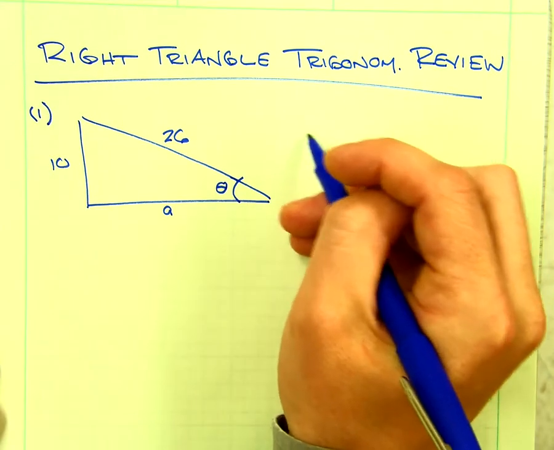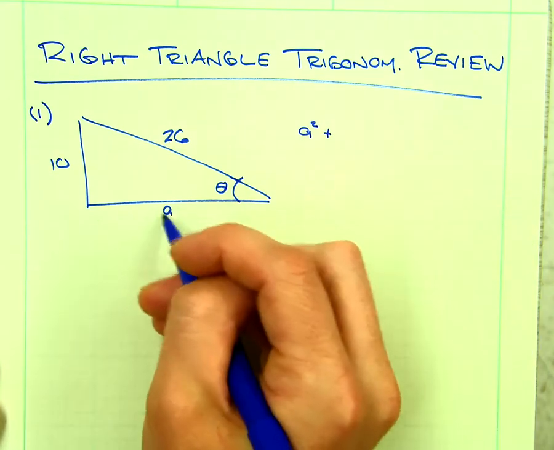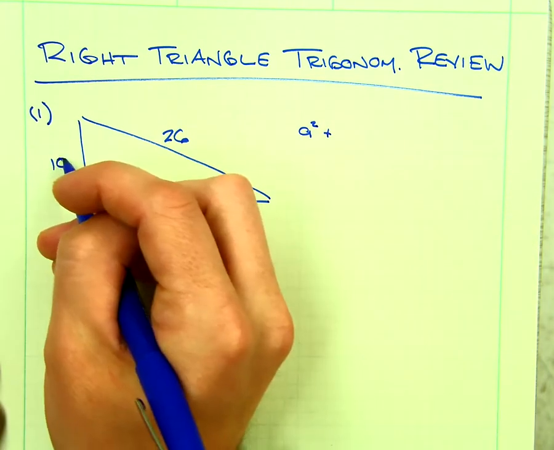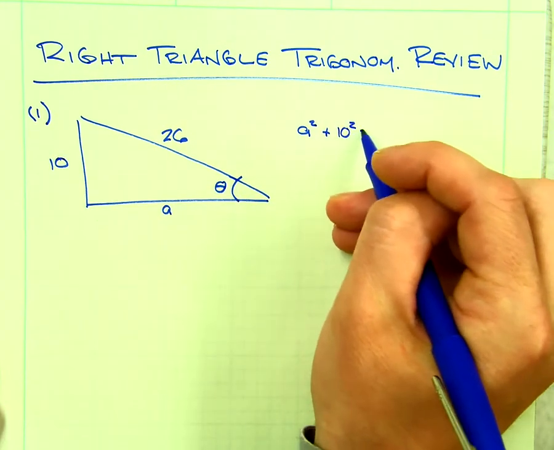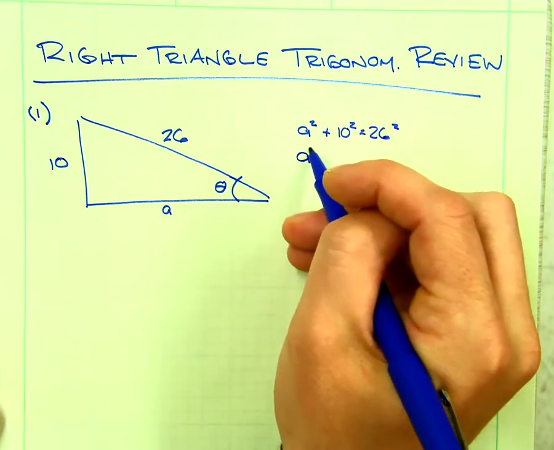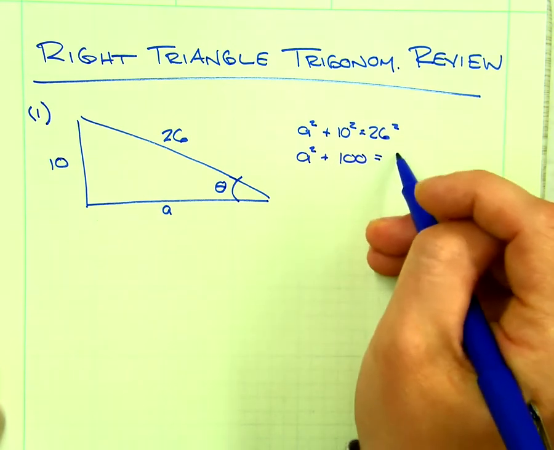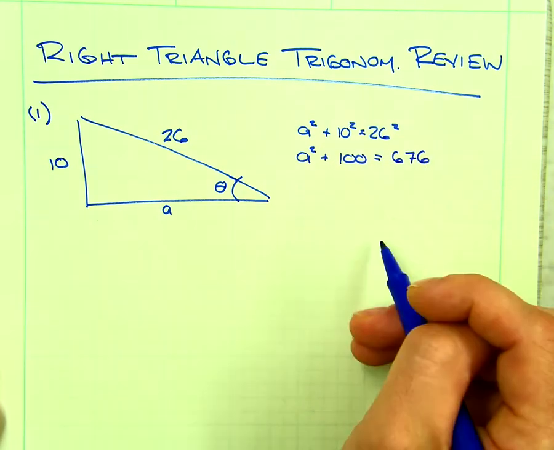So the first thing you need to do is to notice that a squared plus b squared is equal to c squared. So in this case, a squared is going to be right here, b squared is going to be 10 squared, equal to 26 squared. Now I plug this into my calculator. I remember that 10 squared is 100. 26 squared, a little bit trickier, that's going to be 676.